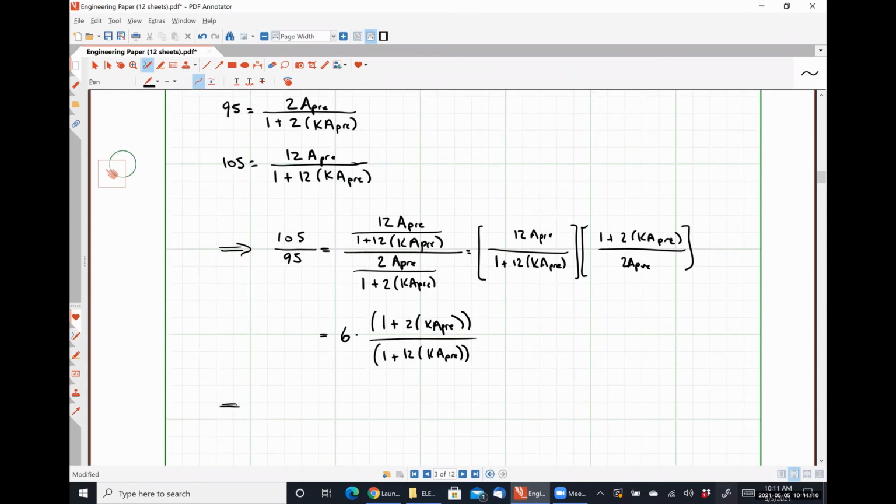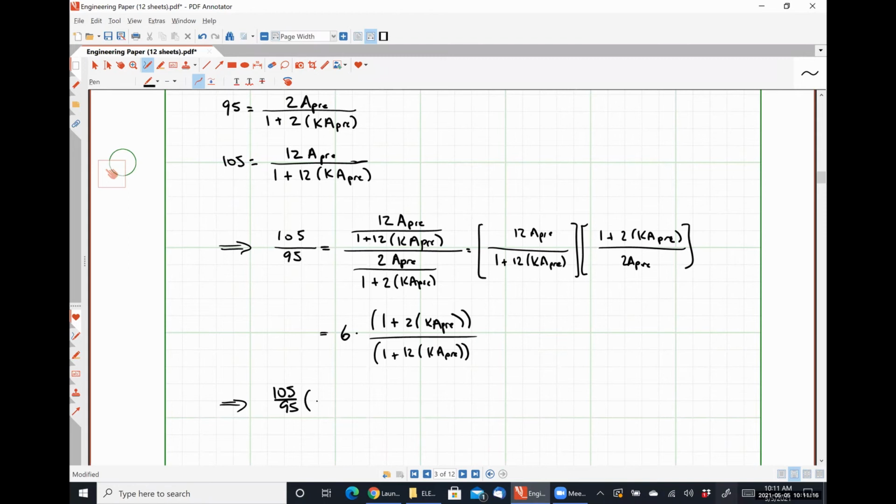And from this, then, I have 105 over 95 times 1 plus 12 K A preamp is equal to 6 times 1 plus 2 K A preamp.